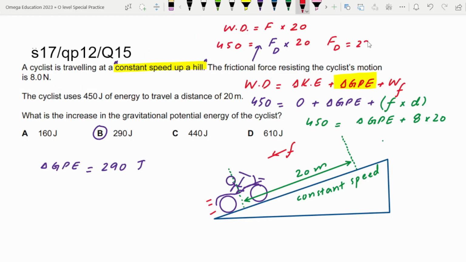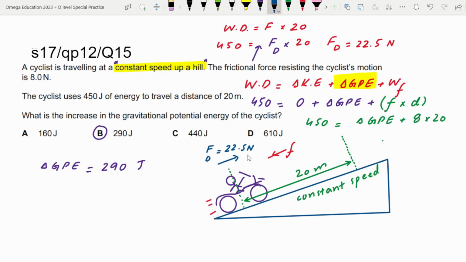Now my next question is, the cyclist has to move forward. You can call it driving force or the force of the engine, whatever you want to call that. The forward force has to be 22 and a half Newton. But the frictional force is merely 8 Newton. Listen to the question very carefully.